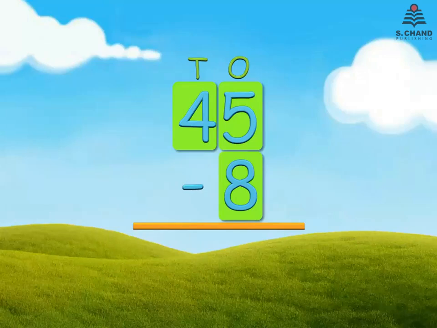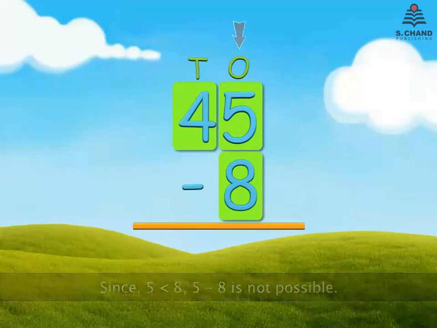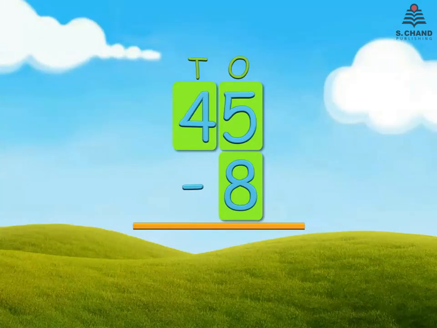In subtraction, if the number to be subtracted is greater than the number it is to be subtracted from, as we have here, 5 ones minus 8 ones, then what do we do? We borrow or regroup a 10 from the tens column.